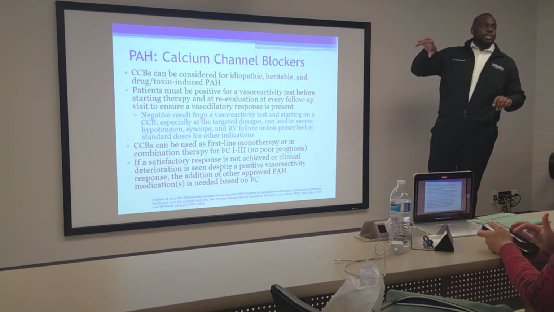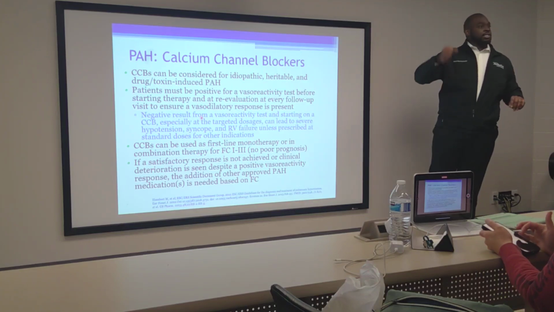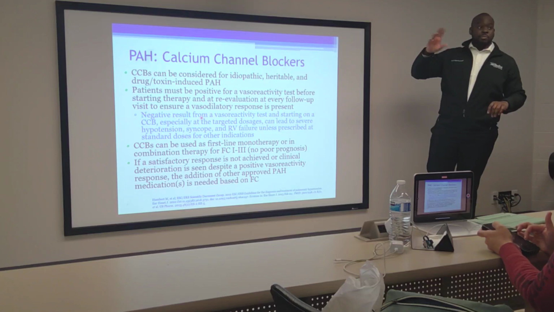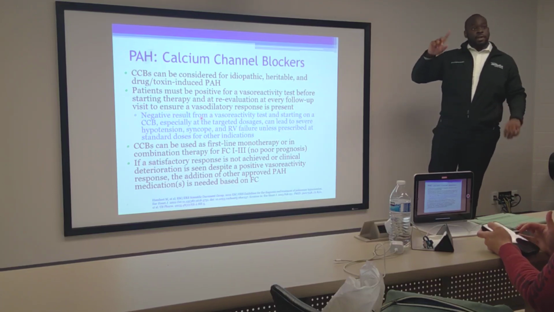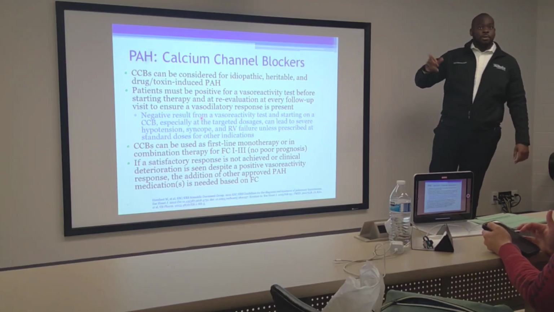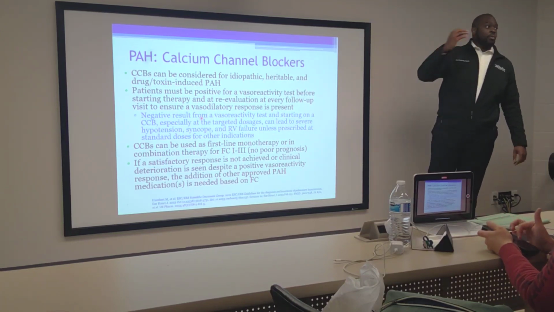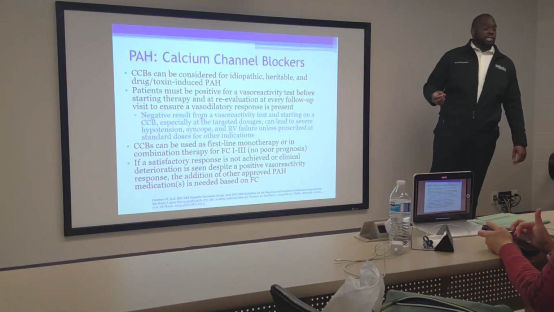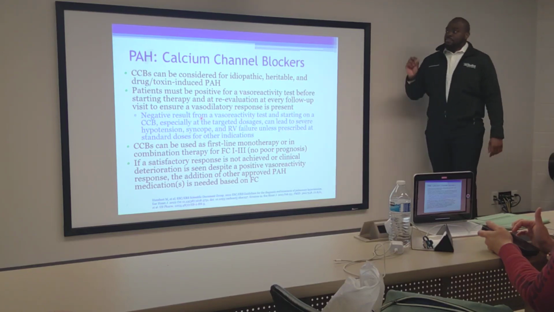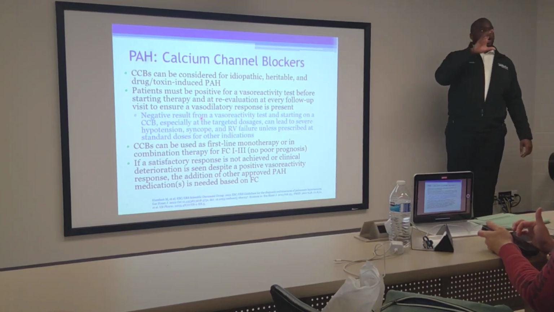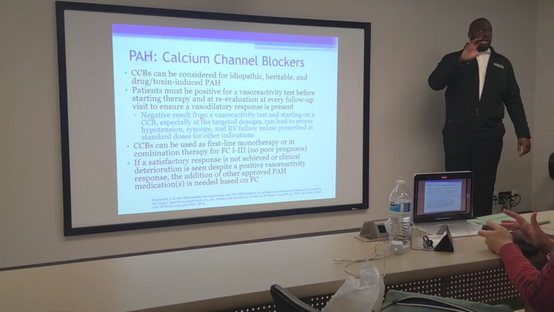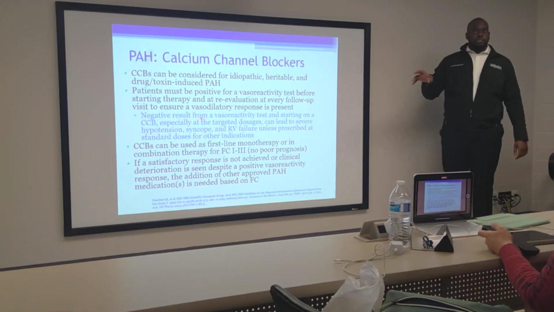With diltiazem and verapamil, they have that negative inotropy, which is causing decreased conductivity, which can actually be adverse for your heart failure patients, because it will worsen the symptoms and worsen the disease. However, they don't have much function on the vasculature, so they don't affect the blood pressure as much, because they're affecting more so the heart rate.